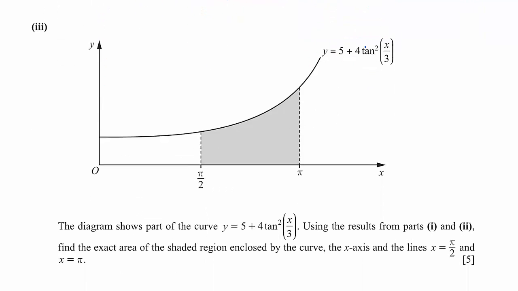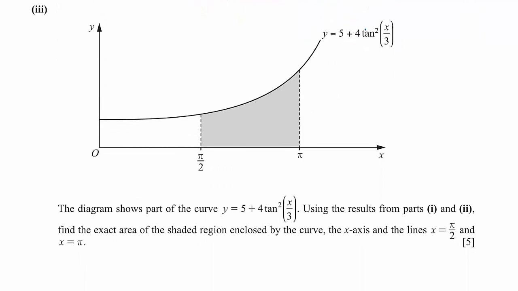Okay, so part 3. The diagram shows part of the curve of y equals 5 plus 4 tan squared x over 3. Using previous results, we want to find the exact area, so that's not a calculator answer, of the shaded region enclosed by the curve, the x-axis, and the lines x equals pi by 2 and x equals pi, as shown on the diagram here.